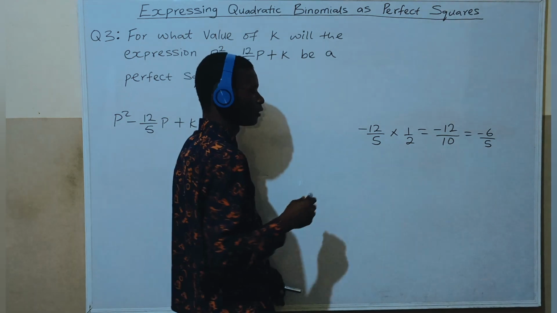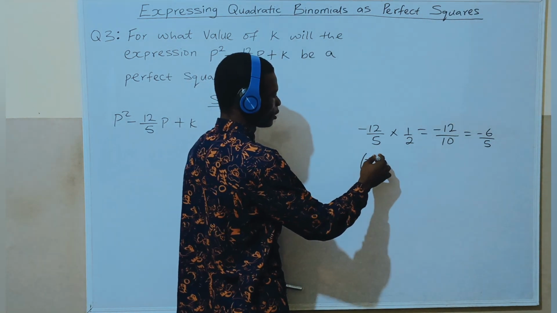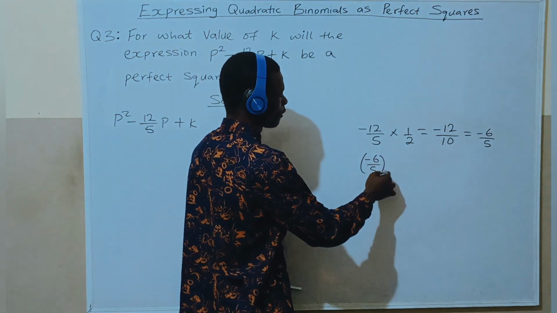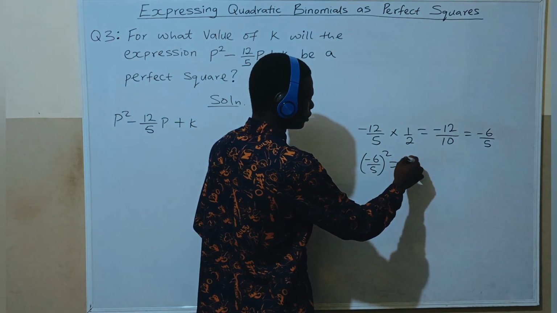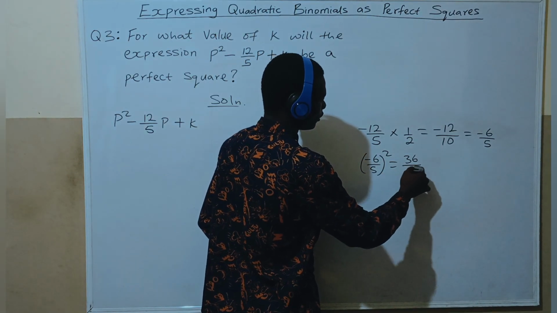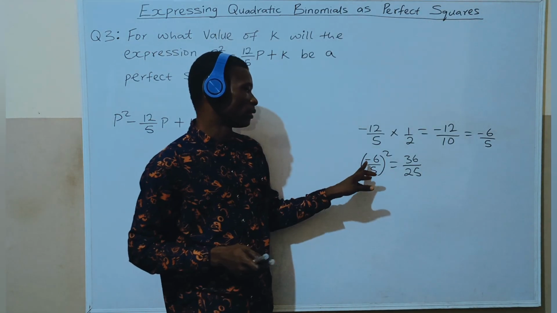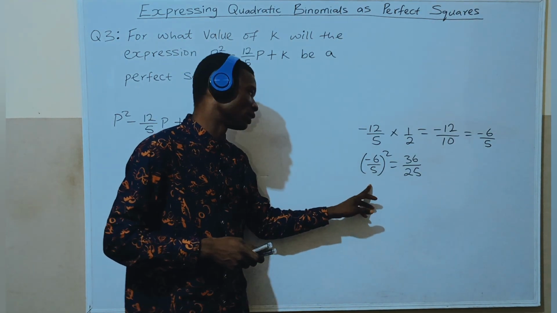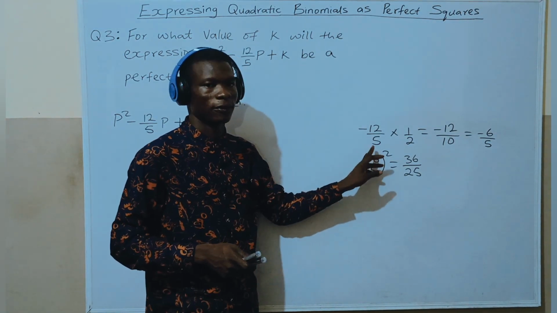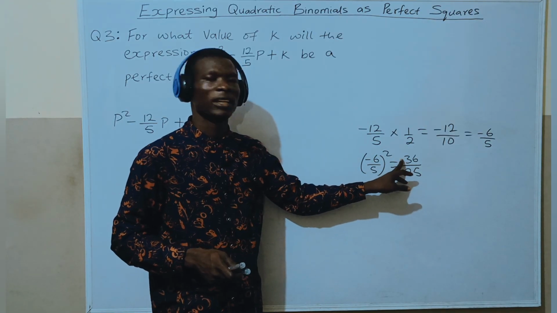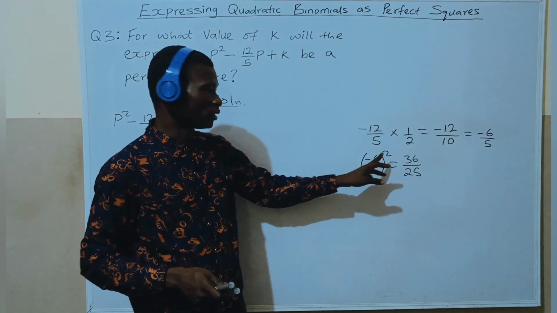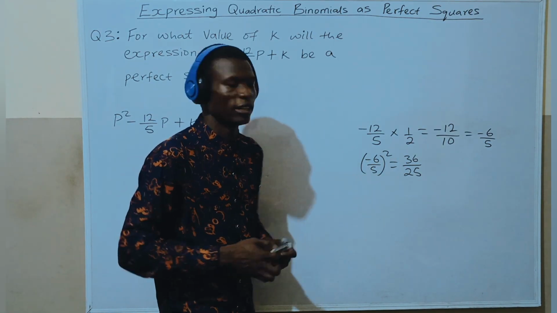So that negative 6 over 5, what do we do with it? We're going to have negative 6 over 5 being squared, which of course is going to give us 36 over 25. Someone may ask, why is it that, like in question 2 and now in question 3, when we say negative 6 over 5 being squared, the negative sign is no longer there. It is because this square is actually going to deal with the negative sign.